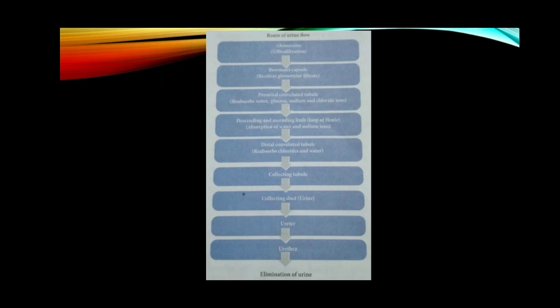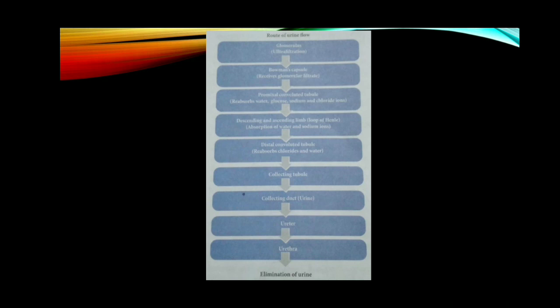When this glomerular filtrate enters the proximal convoluted tubule, the water, glucose, sodium and chloride ions, which are essential substances, are reabsorbed by the blood. Then the urine passes through the descending and ascending loop of Henle. When it is passing through the loop of Henle, the excess water and sodium ions are again reabsorbed.